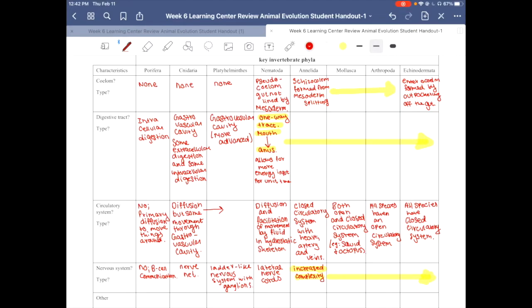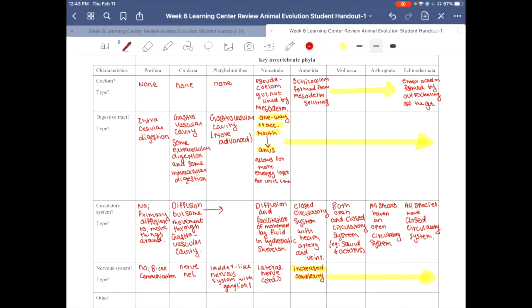Whereas if we're comparing Nematoda to Annelida, we can't say that their digestive tract is a key feature because it's the same between both of them. However, we can say that their circulatory system is a key difference. The Nematoda has diffusion, whereas the other one has a closed circulatory system.